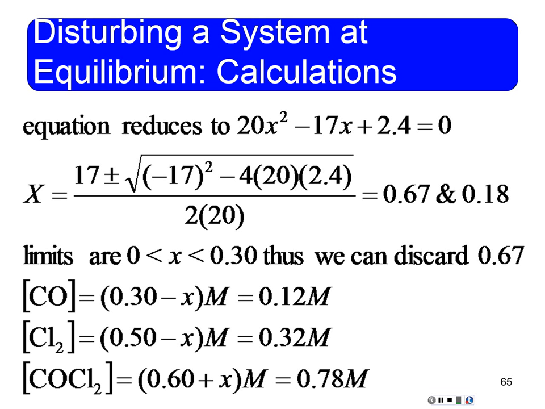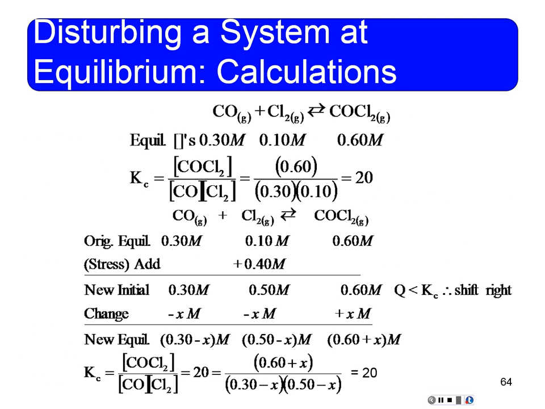All right, so if we look back at our ICE method here, this is what we're losing, right? These are our reactants that we're losing. So our limiting reactant is this one, right? So our x has to be equal to or less than 0.30. Does that make sense?